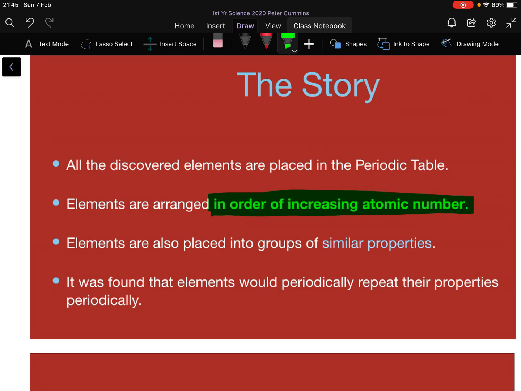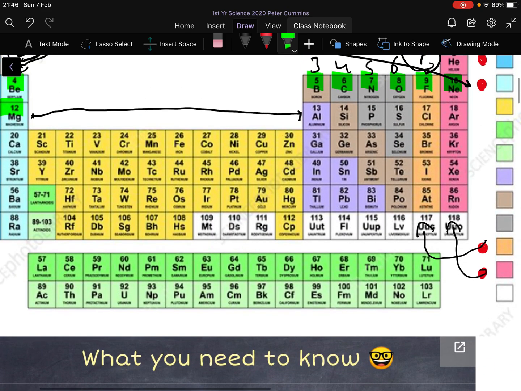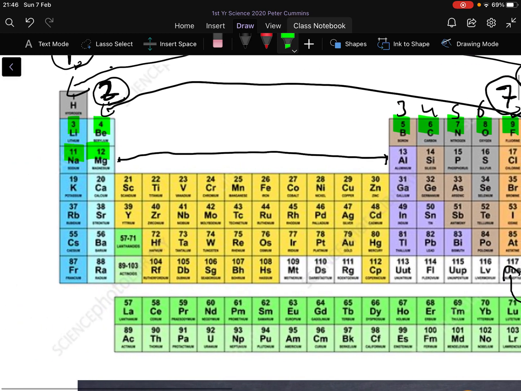They're also placed into things called groups based on their properties. So how they react with water, how they react with air, what colour they change when you put them in acid, all different characteristics. And these repeat themselves. Basically, if I take the first group, I'm going to put a circle around it.